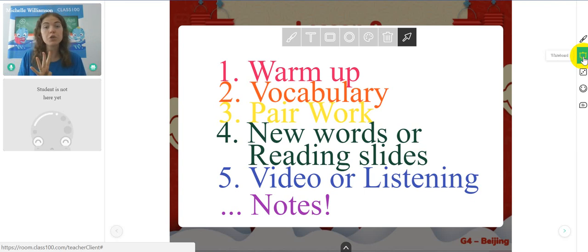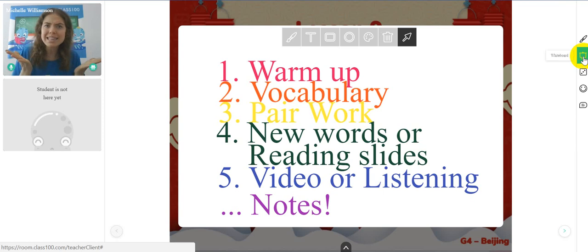The fourth thing you can look for is a reading part or new words. So if there is extension language, something more than the pair work, something a bit more difficult that you might guess they don't know yet, you can try the techniques from the output training.